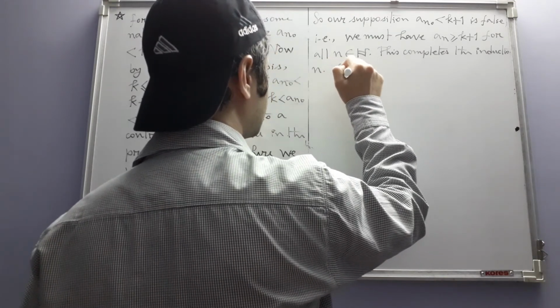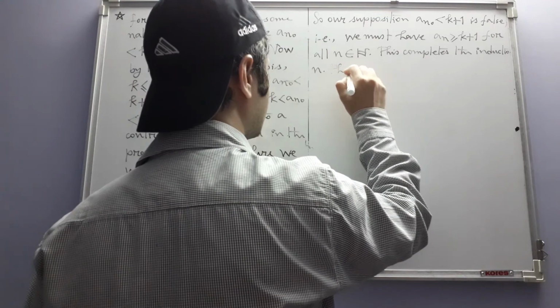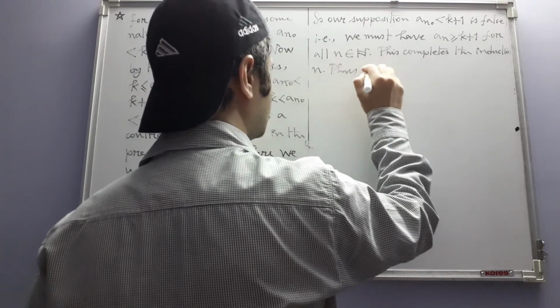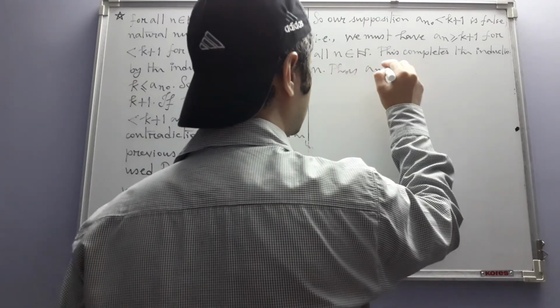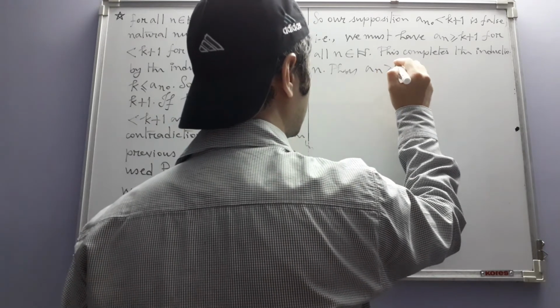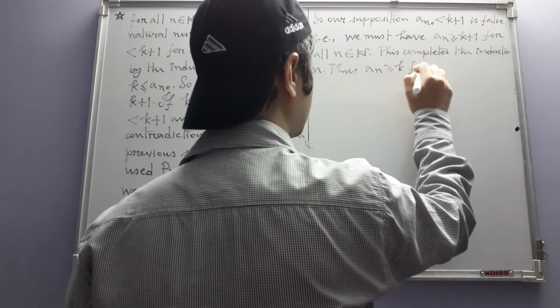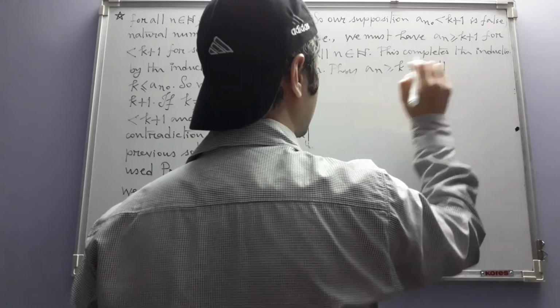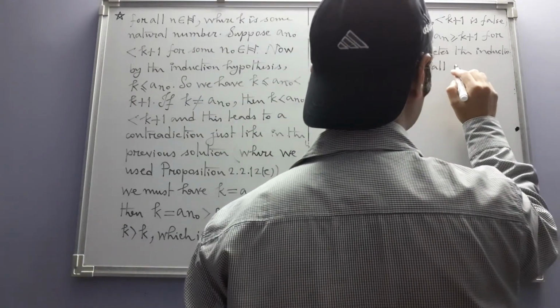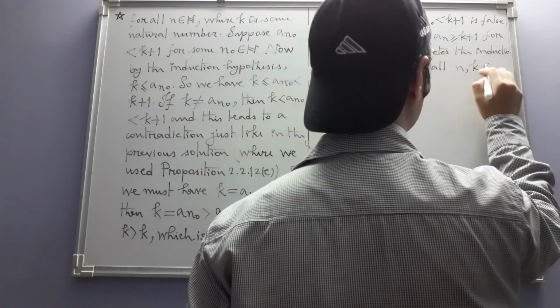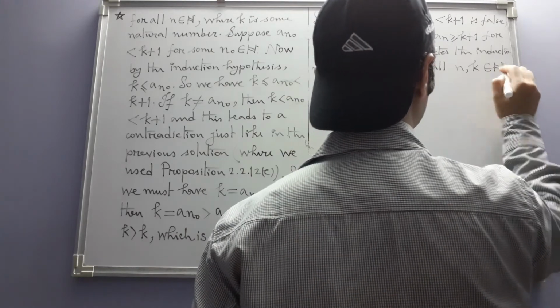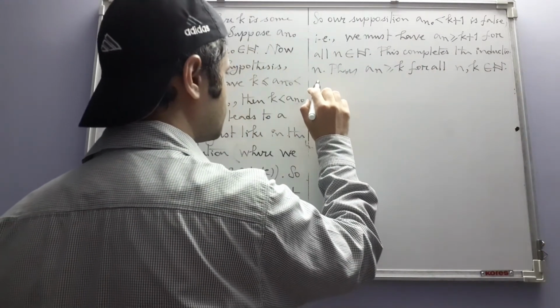Thus, a n is greater than or equal to k for all n and k belonging to the set of natural numbers.